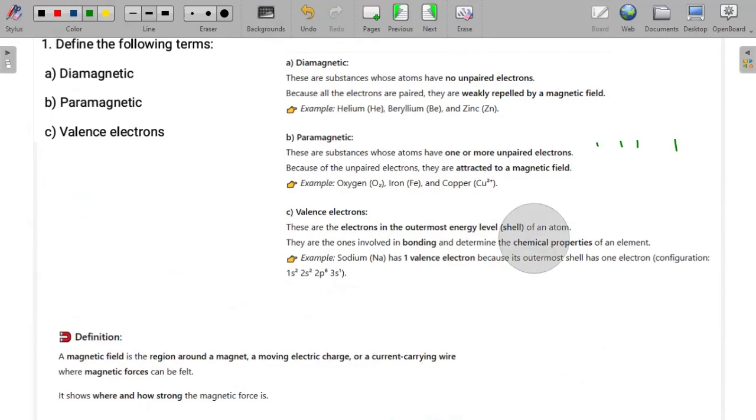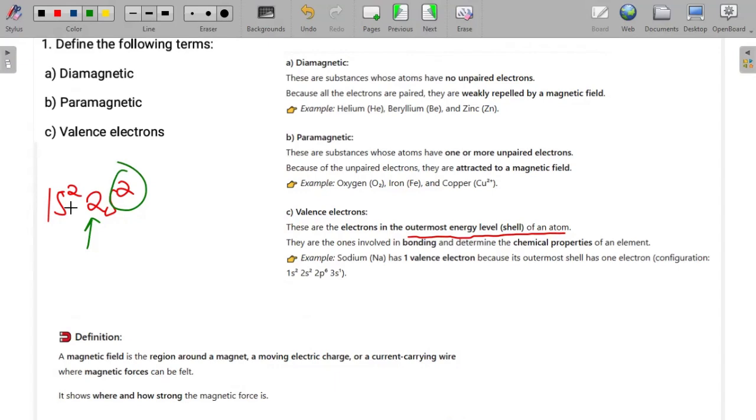Now we can look at the definition of valence electrons. Valence electrons are just electrons in the outermost energy level of an atom. If I write the electronic configuration of beryllium, the outermost energy level is level 2, so these electrons are called valence electrons.